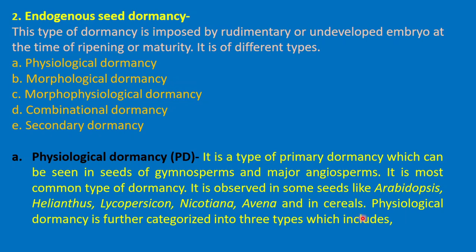Physiological dormancy is a type of endogenous seed dormancy and it is further categorized into three different types: deep dormancy, intermediate dormancy, and non-deep dormancy.